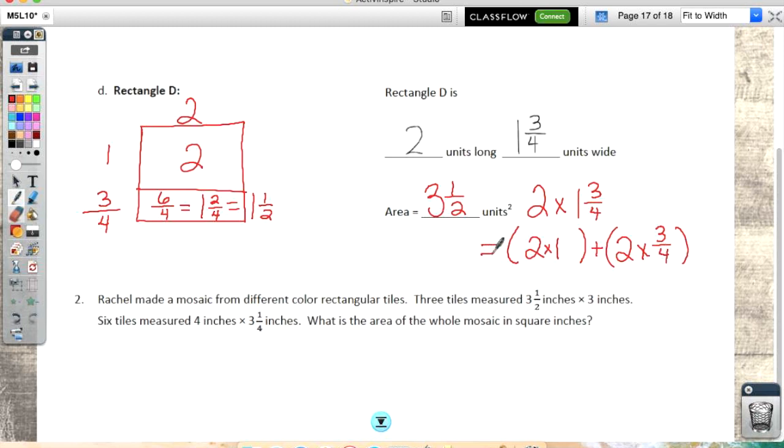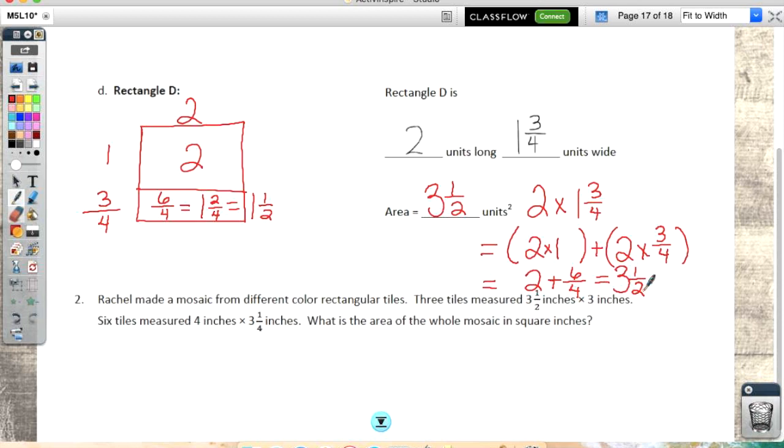And we kind of already know, don't we, that it's going to be 2 plus 6/4, which equals 3 1/2. Okay. So how you doing with that method? Because that's what you're going to use on the exit ticket. And I'll get you started on the exit ticket, then you can just solve it. Okay? All right. We good?